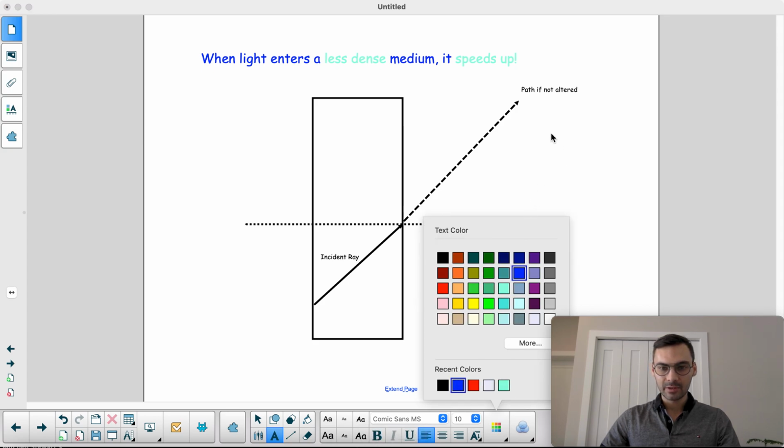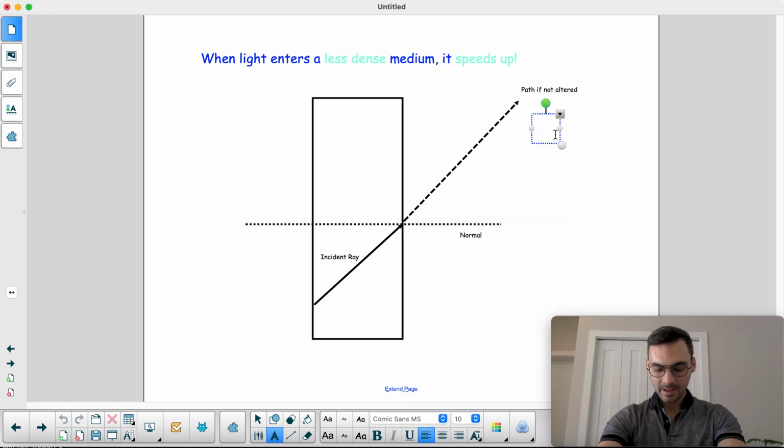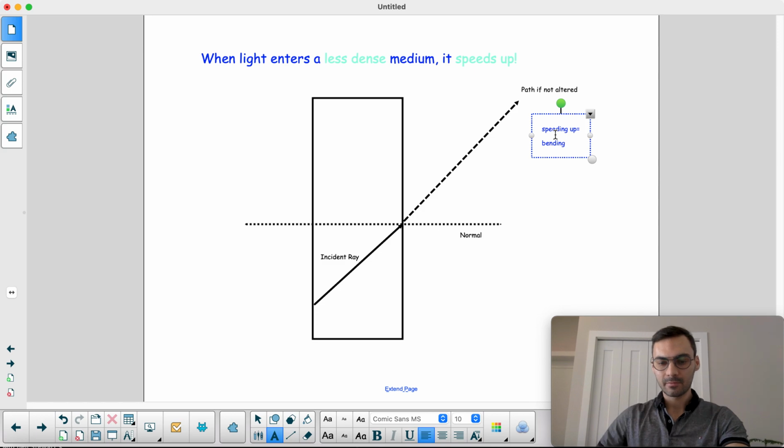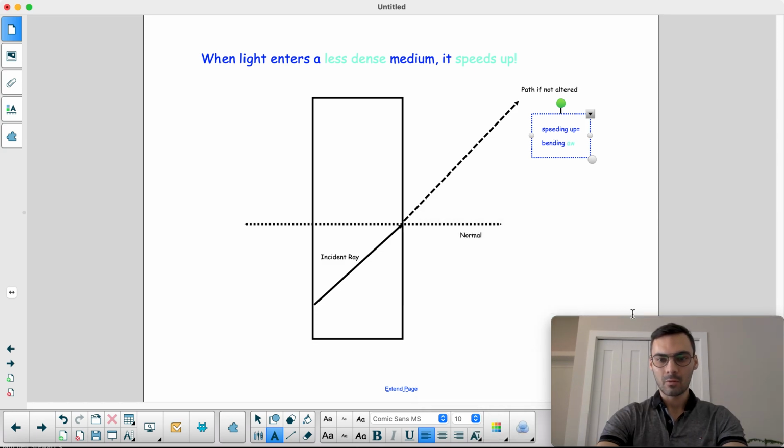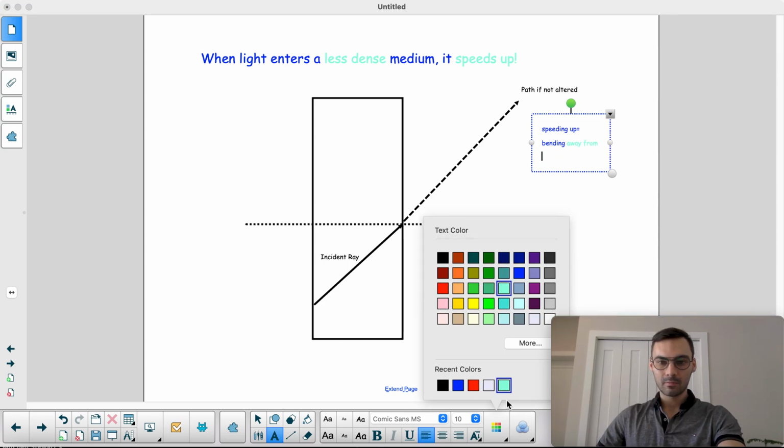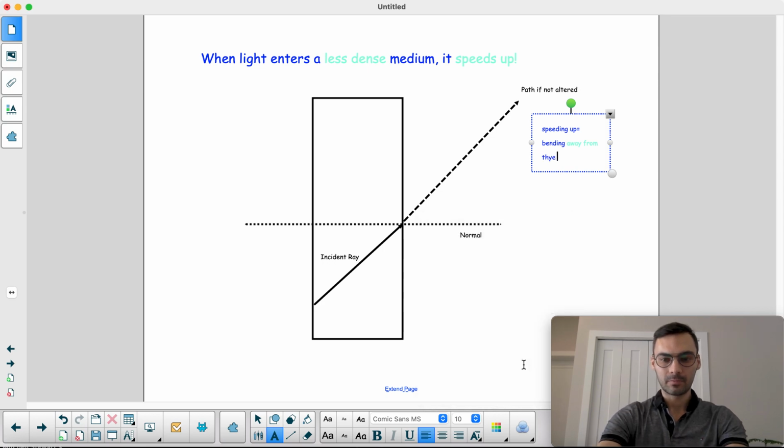So let's start over here by saying, now if it is speeding up as it comes through, it's going to equal bending away from the normal.